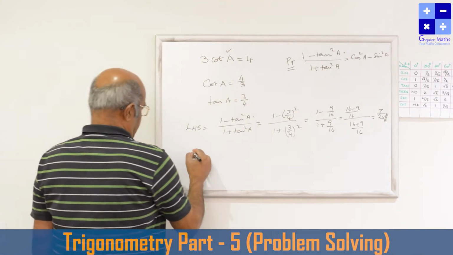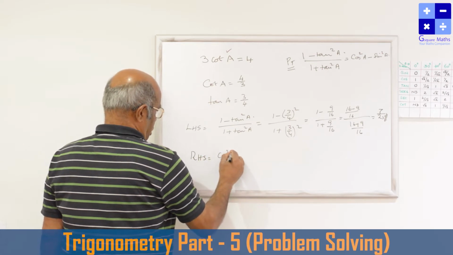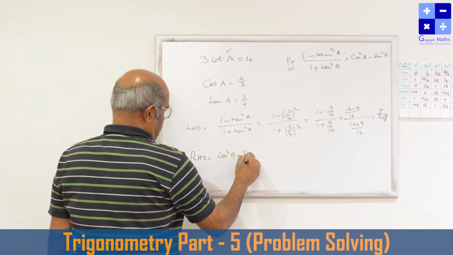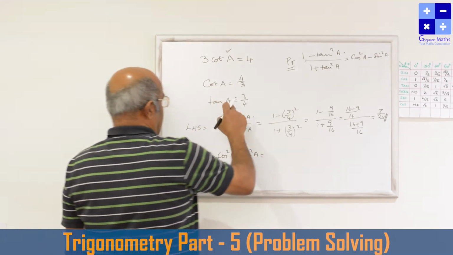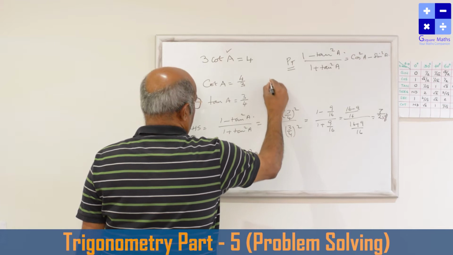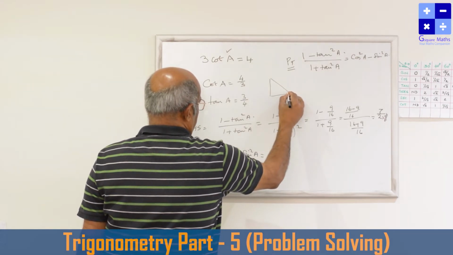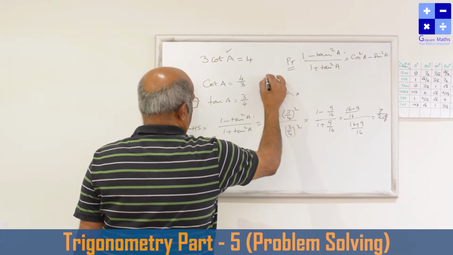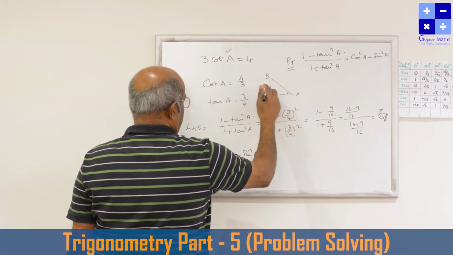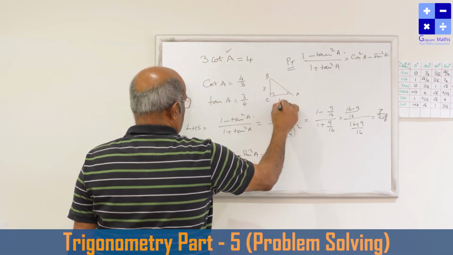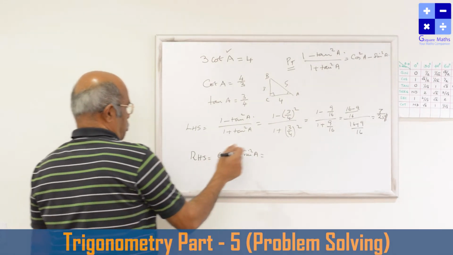Let's take the right hand side. Cos square A minus sin square A. As tan A is equal to 3 by 4, we can draw a right angle triangle. This angle is A, triangle ABC, right angled at C. Tan A is equal to 3 by 4, so therefore this side is 5 by using Pythagoras theorem. Just substitute these values.